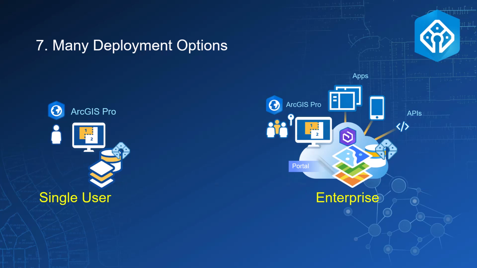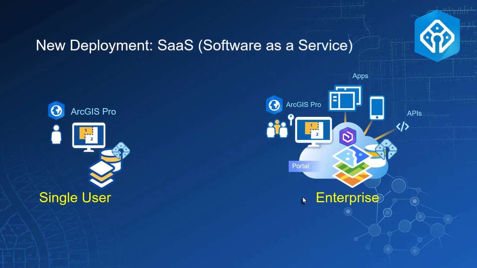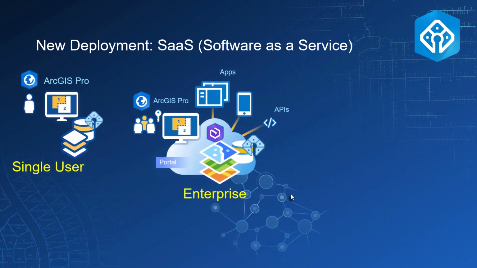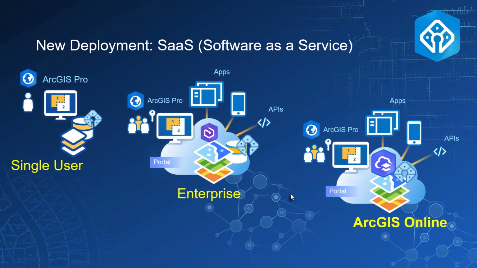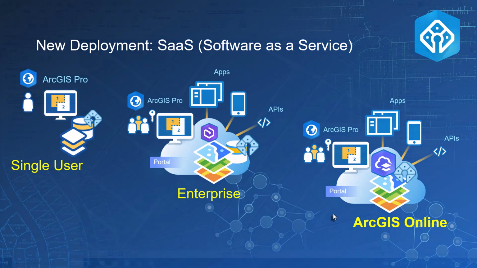So, of course, that you do with the enterprise deployment, but we are going to add a new type of deployment soon called SaaS, which stands for Software as a Service. We are going to use our ArcGIS Online environment for that SaaS offering. You can still connect to it from ArcGIS Pro, your web and mobile, just like you can do with Enterprise, but you don't need to have your own DBMS and infrastructure on premise in order to use that.